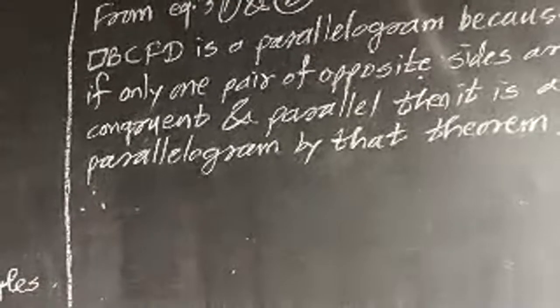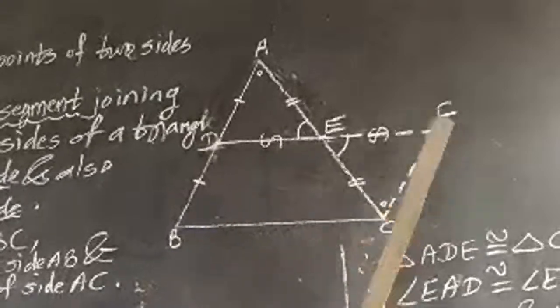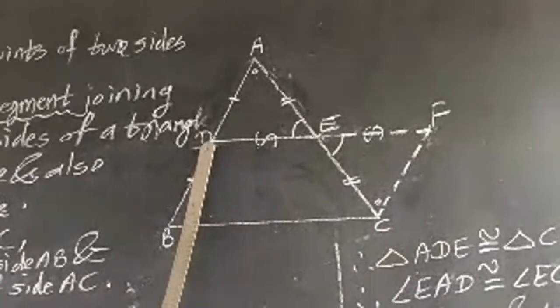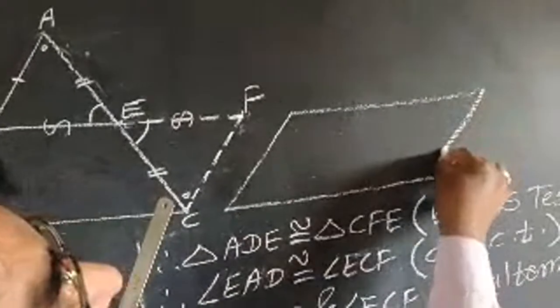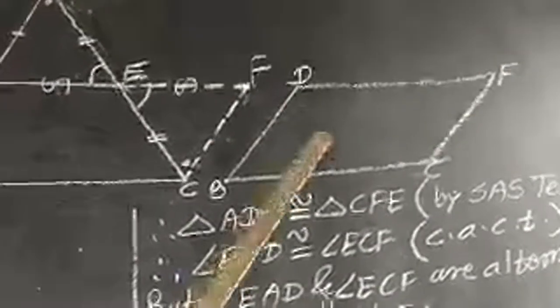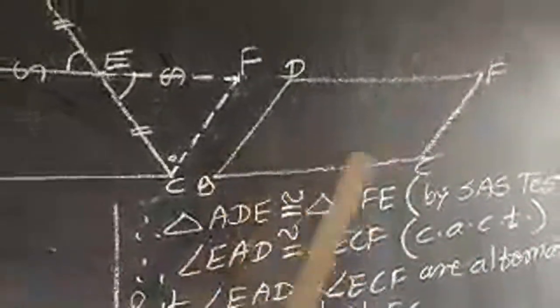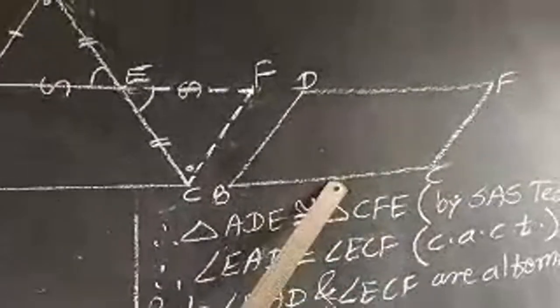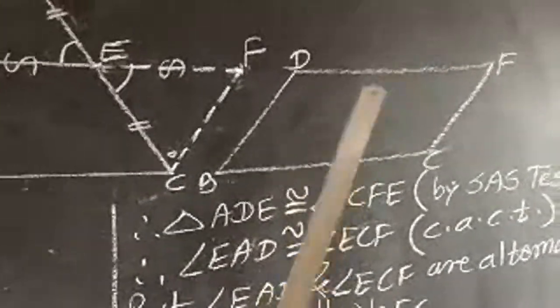And therefore, if quadrilateral BCFD is a parallelogram, this quadrilateral we draw here for our understanding. BCFD is a parallelogram, therefore we can say that these sides are parallel and these sides are congruent.